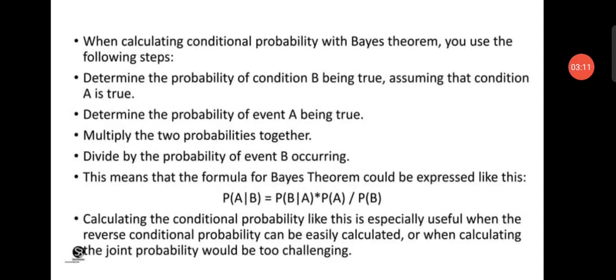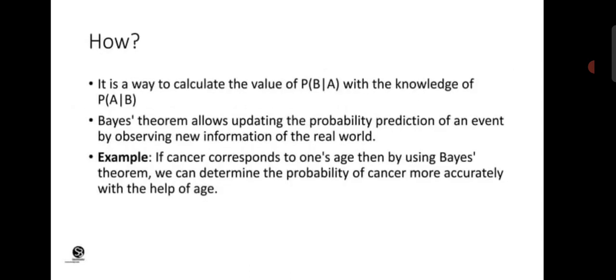Calculating the conditional probability like this is especially useful when the reverse conditional probability can be easily calculated or when calculating the joint probability would be too challenging. How?